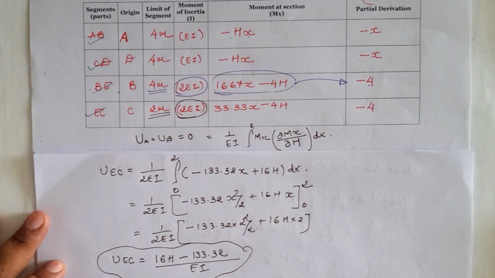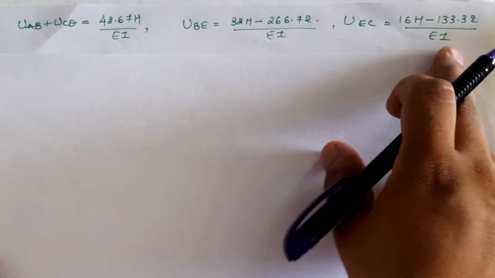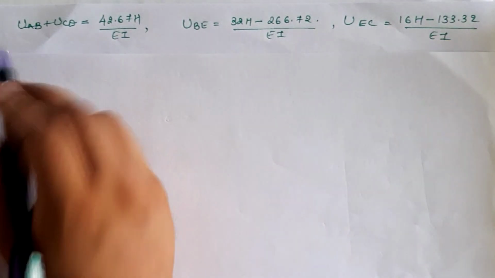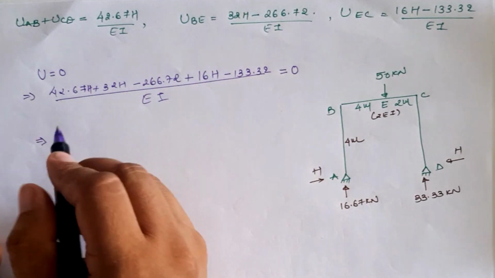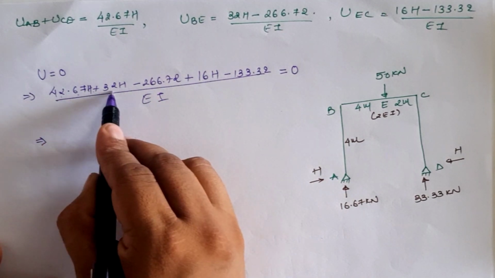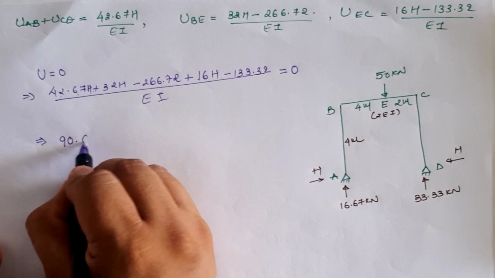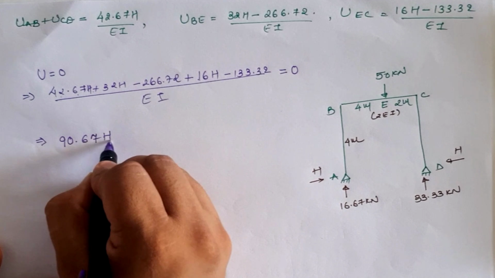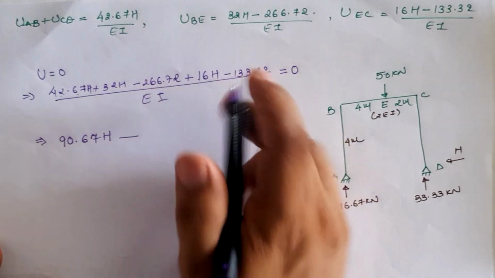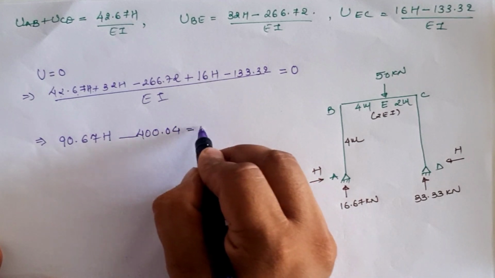Now summing up all the strain energies calculated above for each segment, and equating this total, we get 42.67 plus 32 plus 16, which is 90.67H, minus the constant value 400.04, which must be equal to 0.